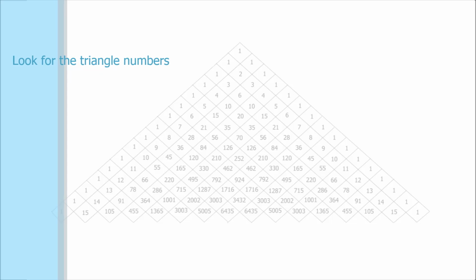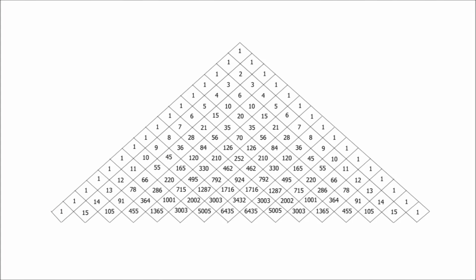Then you might like to look for the tetrahedral numbers. Once you've done that, hidden away are the Fibonacci numbers. So those are more difficult to spot. And what I thought you might like to do next is do some colouring in. How about colouring in all the even numbers in the triangle?